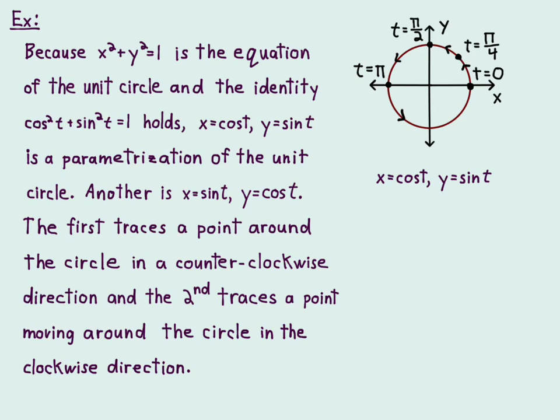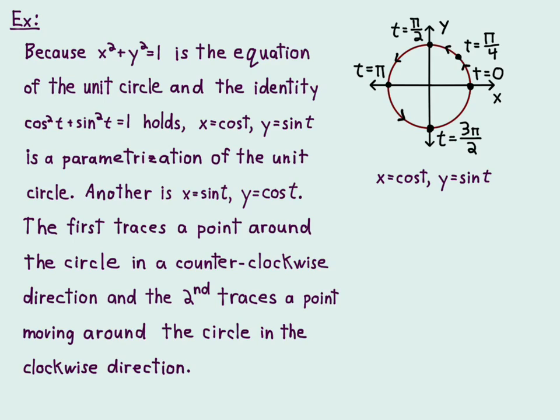And then if I jump ahead to pi, cosine of pi is negative 1 and sine of pi is 0. So my point is negative 1 comma 0, which is this point here. And then I did one more, at time t equals 3 pi over 2. Cosine of 3 pi over 2 is 0.